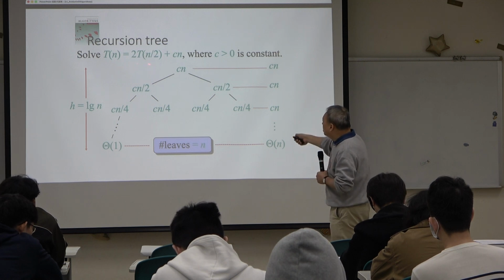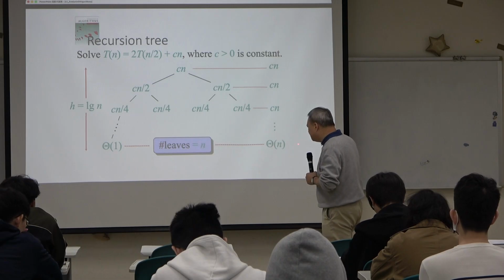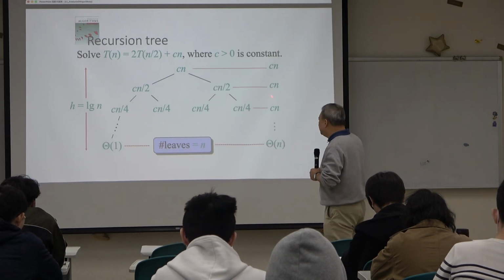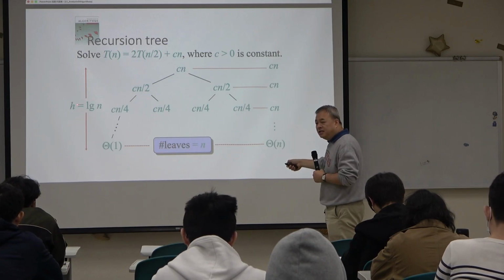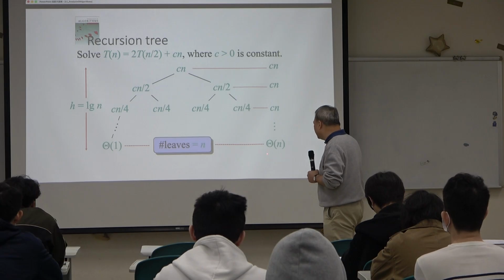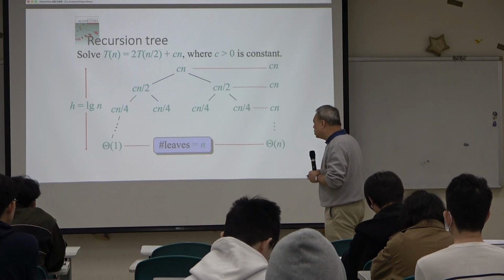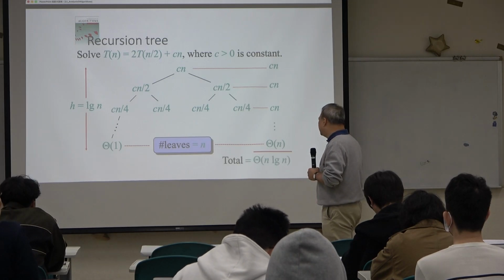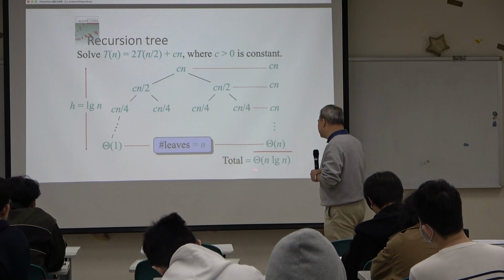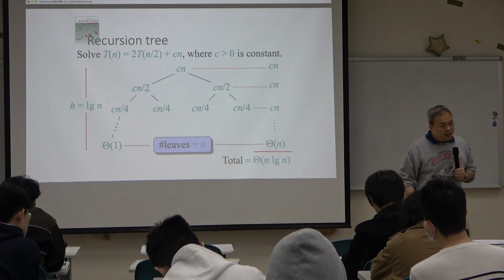Except for the leaf nodes, all the other levels give you cn times log n, right? n log n has a higher order than theta n, right? So the leaf cost doesn't matter. So in the end, asymptotic analysis gives you theta n log n, right?